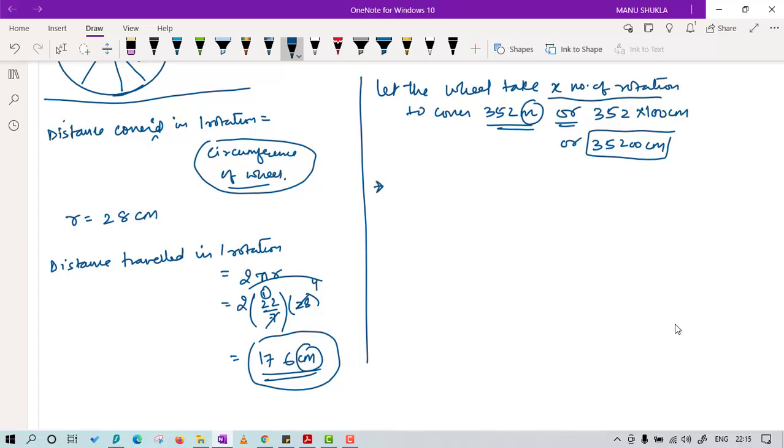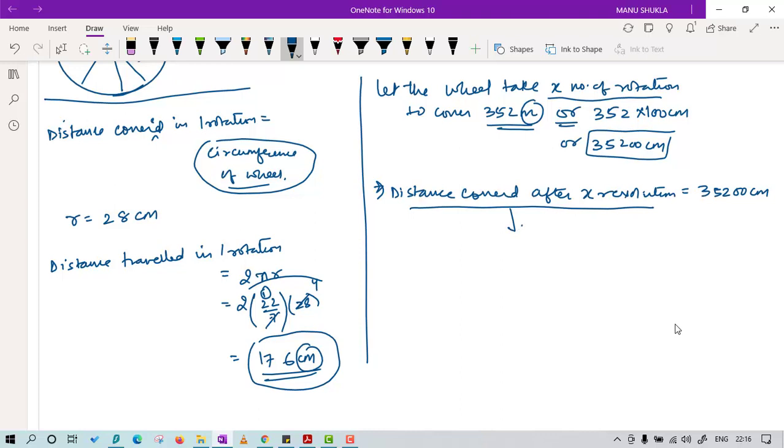So let's write that. Distance covered after x revolutions is given to you as 35200 centimeter, and you know that this also means 176 into x equal to 35200 centimeters.